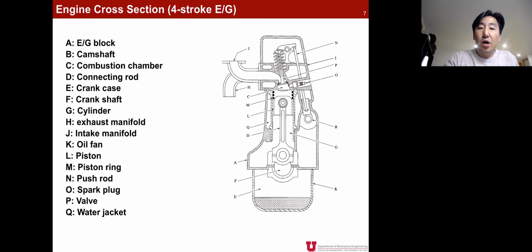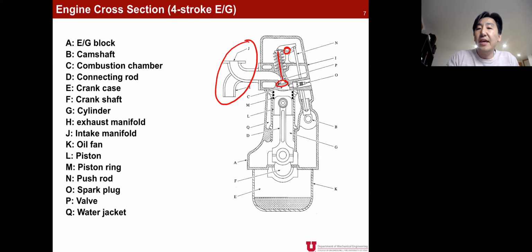Those are the intake and exhaust pipes, or manifold. And as you see, those are valves. We have intake valves and we have exhaust valves, and these valves are connected through a camshaft.